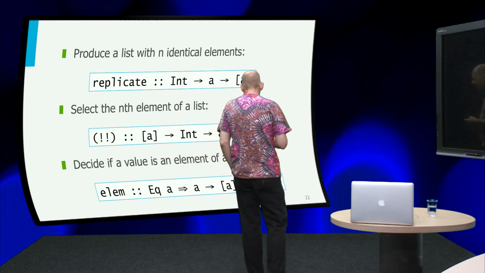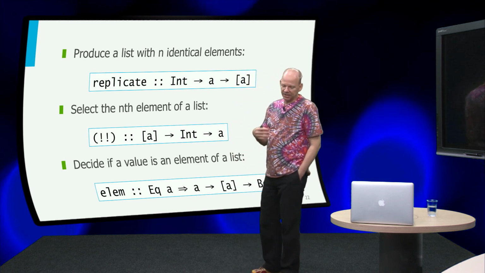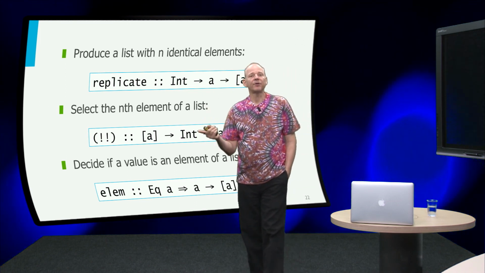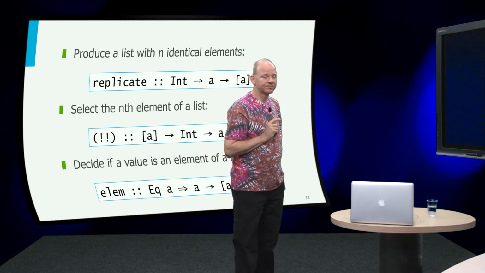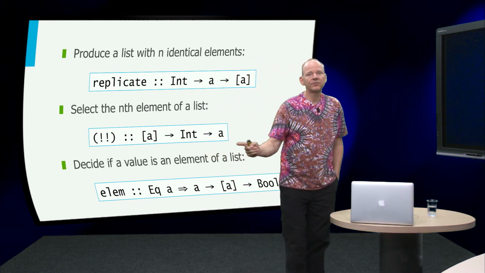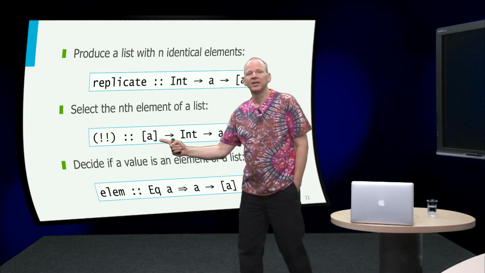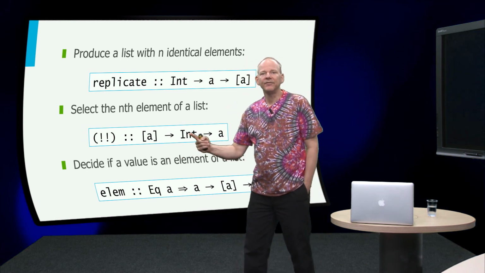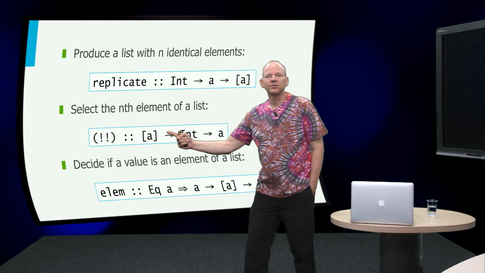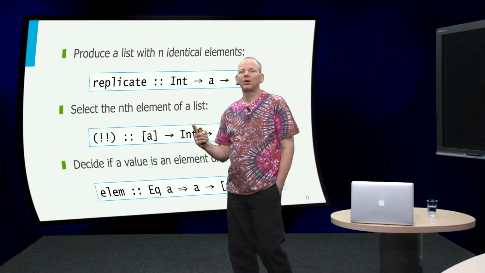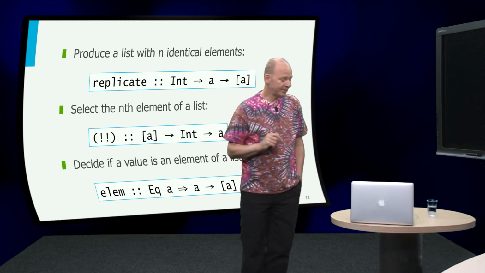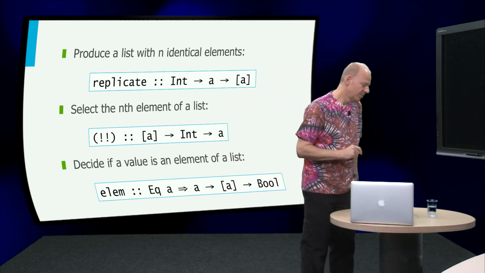Of course, we can do this using take or drop or other functions, but the goal here is to define it using recursion. And since we have two recursive structures, the list and the integer, we're going to define this by recursing over both. Okay? So how would that look?